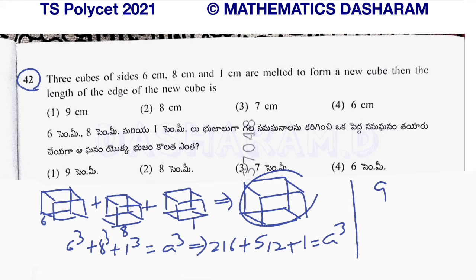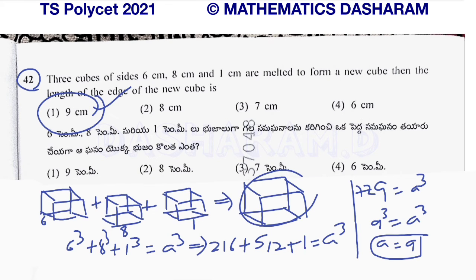Next, 1 plus 1 is 2, 5 plus 2 is 7, 729 equals a cube. 729 can be written as 9 cube. 9 nines are 81, 81 nines are 729. Now here the powers are the same, so we can equate the bases. So the length of an edge of the new cube is 9 centimeters. So option 1 is correct.